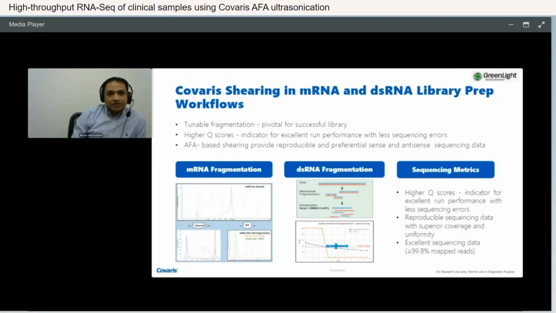Here is one of the case studies from our customer and collaborator. Greenlight Biosciences used AFA-based fragmentation for the mRNA and double-stranded RNA library prep workflows.